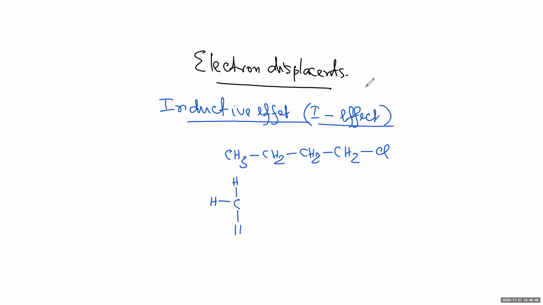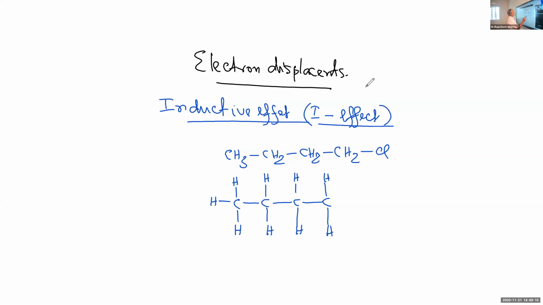CH3, sigma covalent bonds between carbon and hydrogen. Then the catenation of carbon. Here also carbon-hydrogen bonds, CH2.